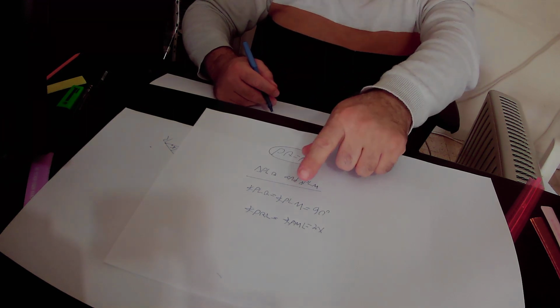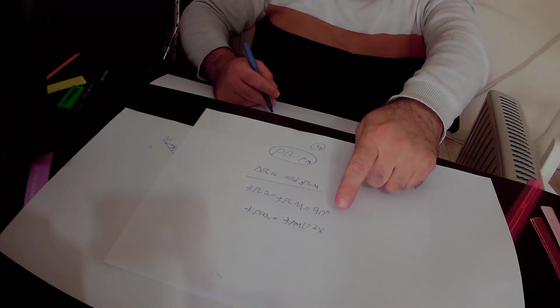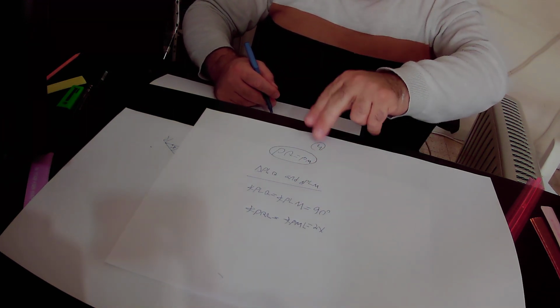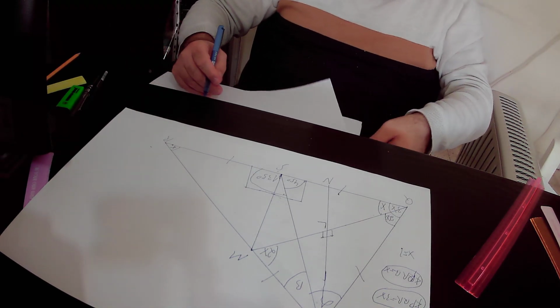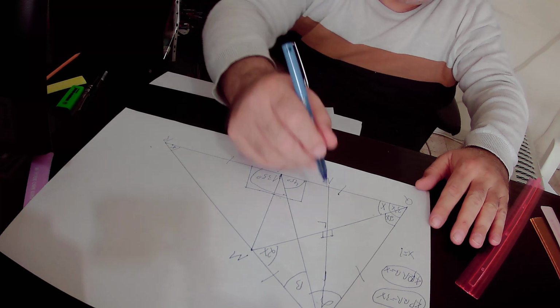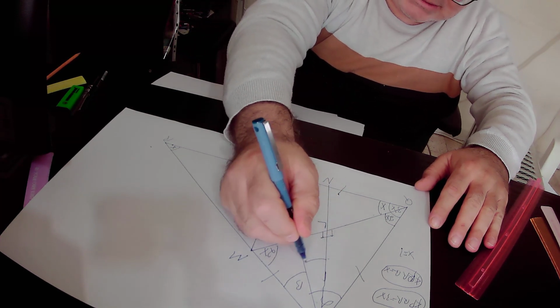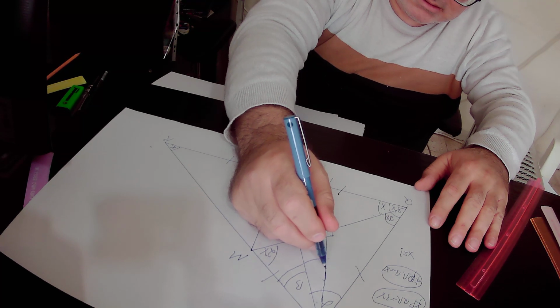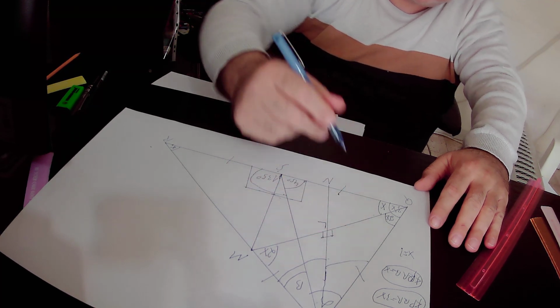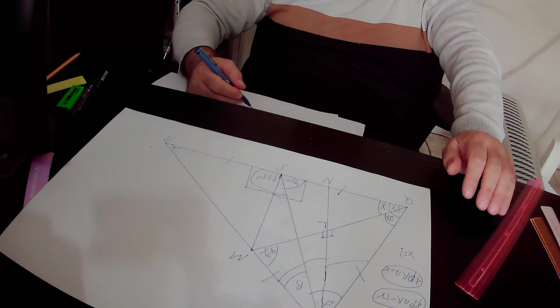Okay, angle PQL equals angle PML equals 2x. So actually those two angles will also be equal to each other according to the third angle theorem.